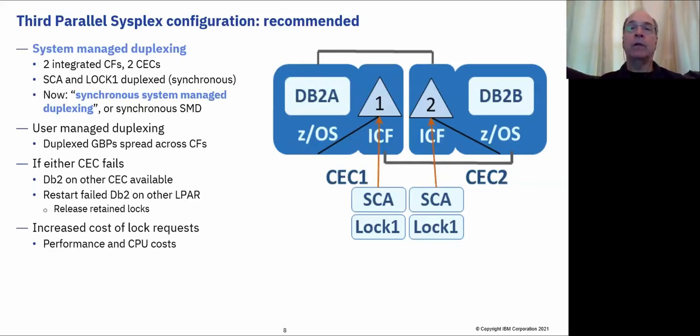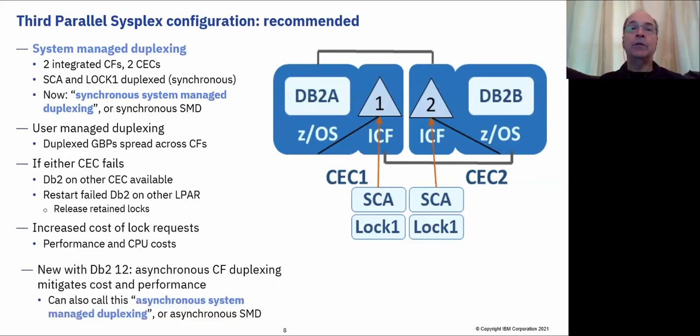And so they would run at risk of losing a box and losing their whole data sharing group. Db2 version 12 introduced asynchronous coupling facility structure duplexing, which mitigates the cost and performance impacts. I'm going to be calling this going forward asynchronous system managed duplexing, or asynchronous SMD, to contrast it from what was originally introduced.